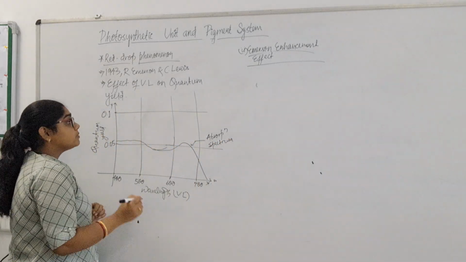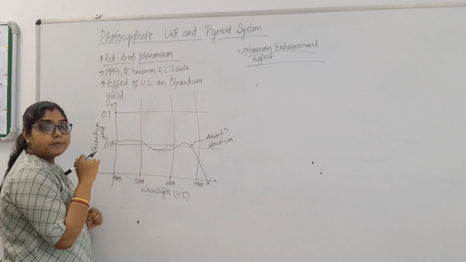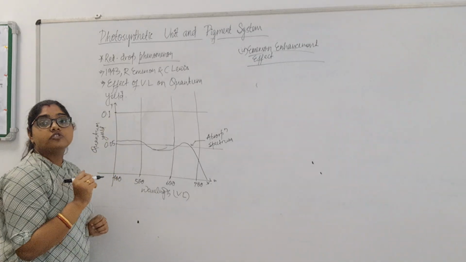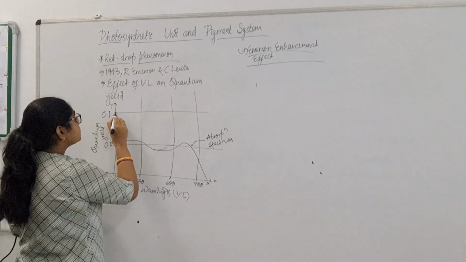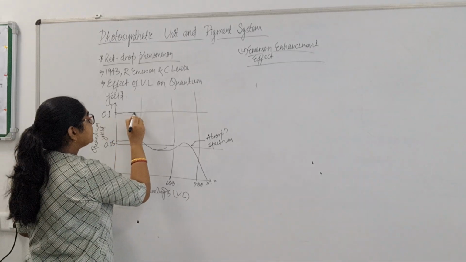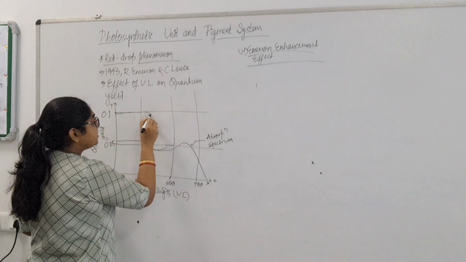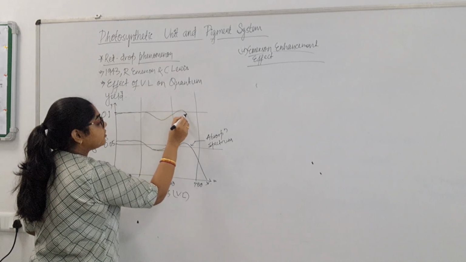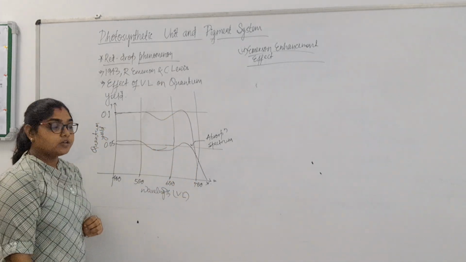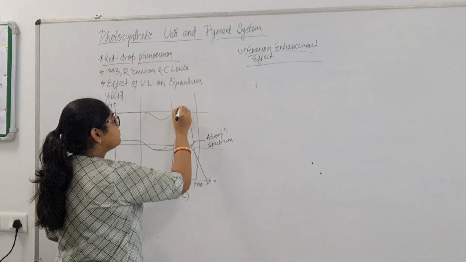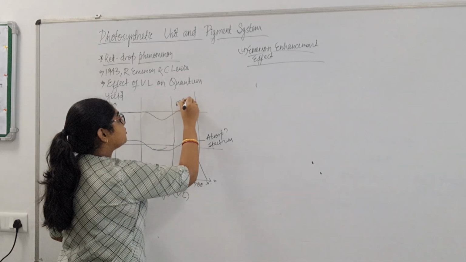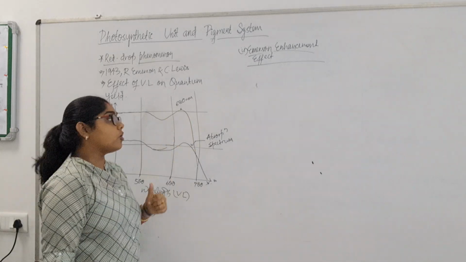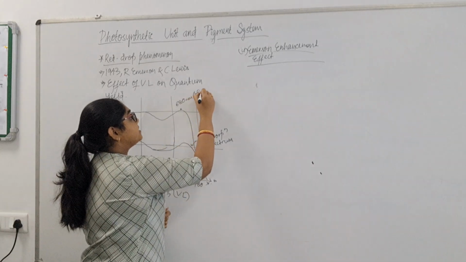Then we look at the graph of quantum yield of photosynthesis. The yield of photosynthesis, or evolution of oxygen, was more or less constant till 500 nanometer, then there is a slight dip, then it again rises, and at 680 nanometer it falls off drastically. 680 nanometer is the wavelength of far red light.